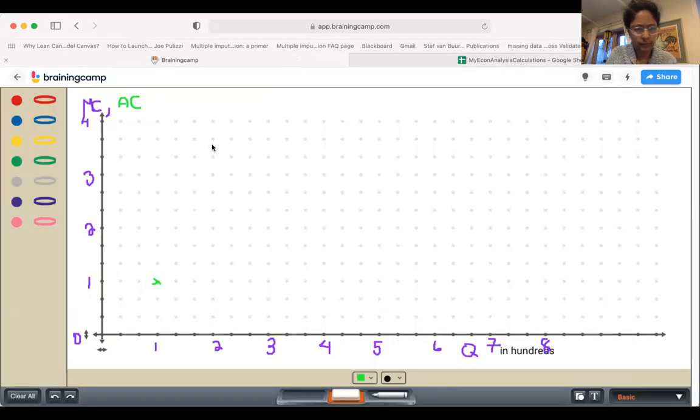Then 250, 0.8, so something about there. Not the smoothest curve. This is supposed to be continuously declining here. Try to get that looking smooth.